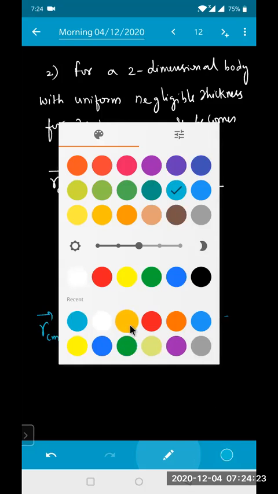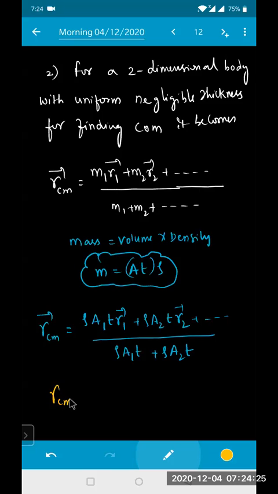So R_CM equals: rho gets cancelled everywhere, and T also gets cancelled everywhere.